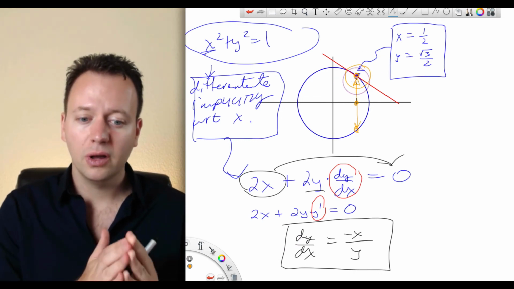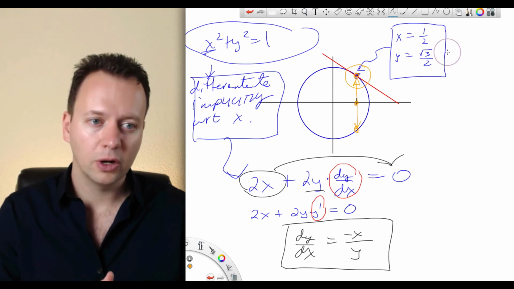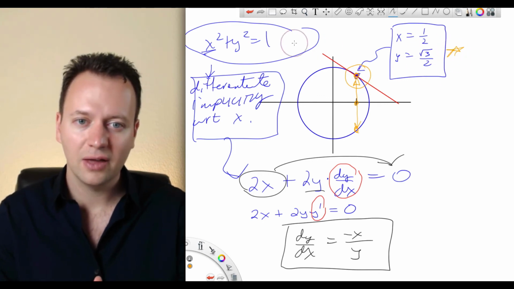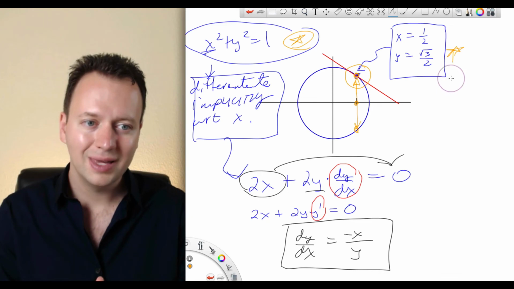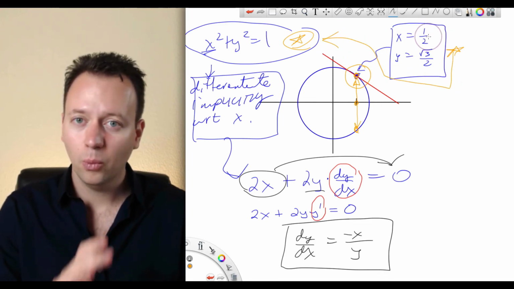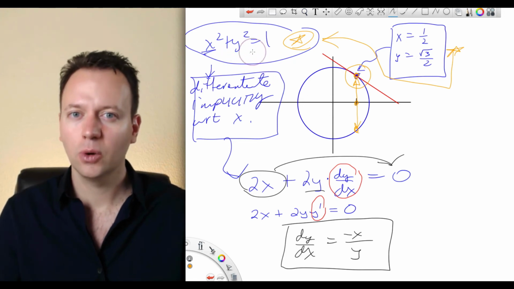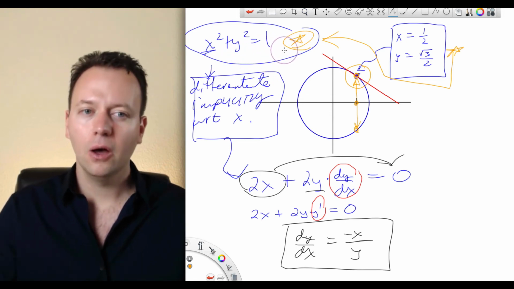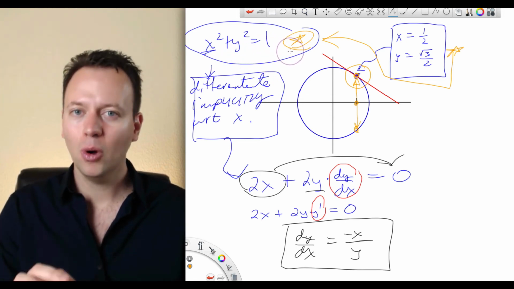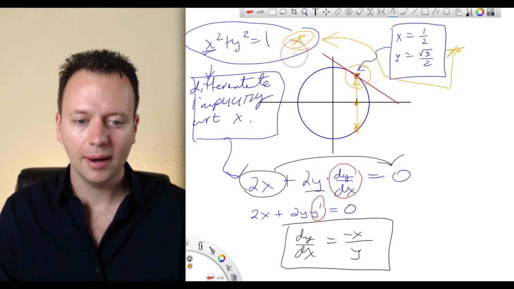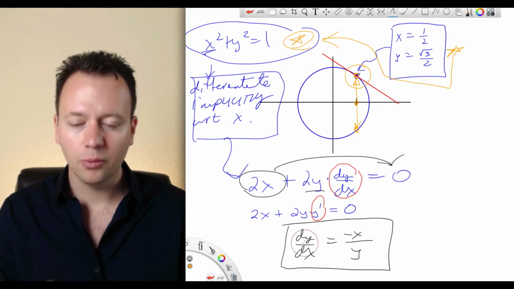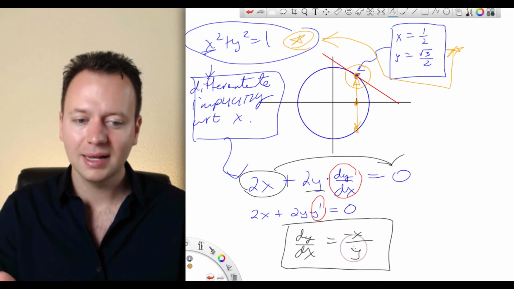So when you're evaluating the derivative, first you want to do a quick check. Does my point satisfy the original equation up here? So yes, the point (1/2, root 3 over 2) does satisfy the equation x squared plus y squared is equal to 1. Okay, so this does represent a point on my graph. Very important. Now let's do the slope. dy/dx is equal to minus x over y.